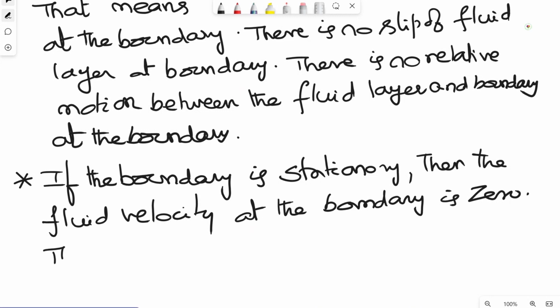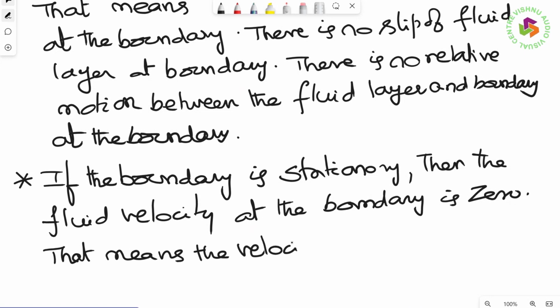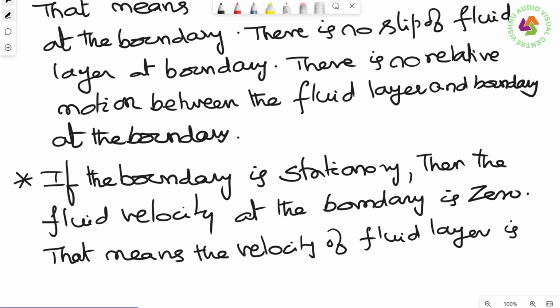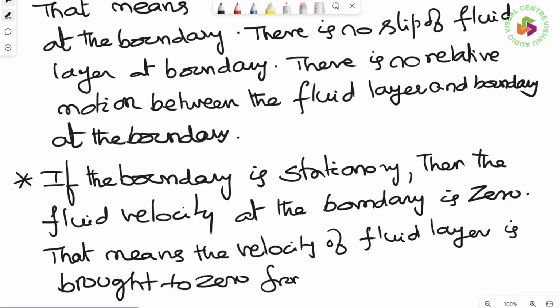That means the velocity of the fluid layer is brought to zero from velocity v.